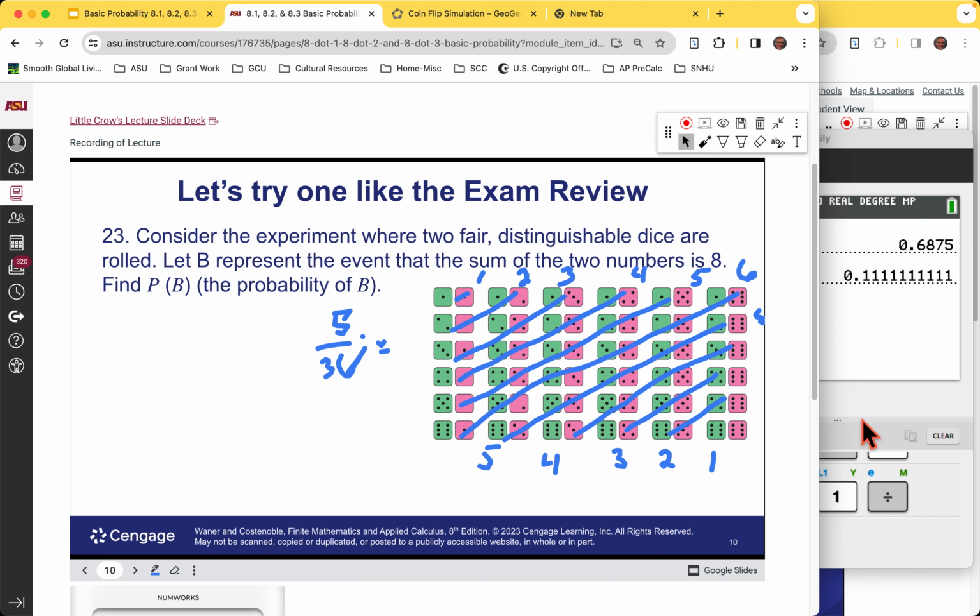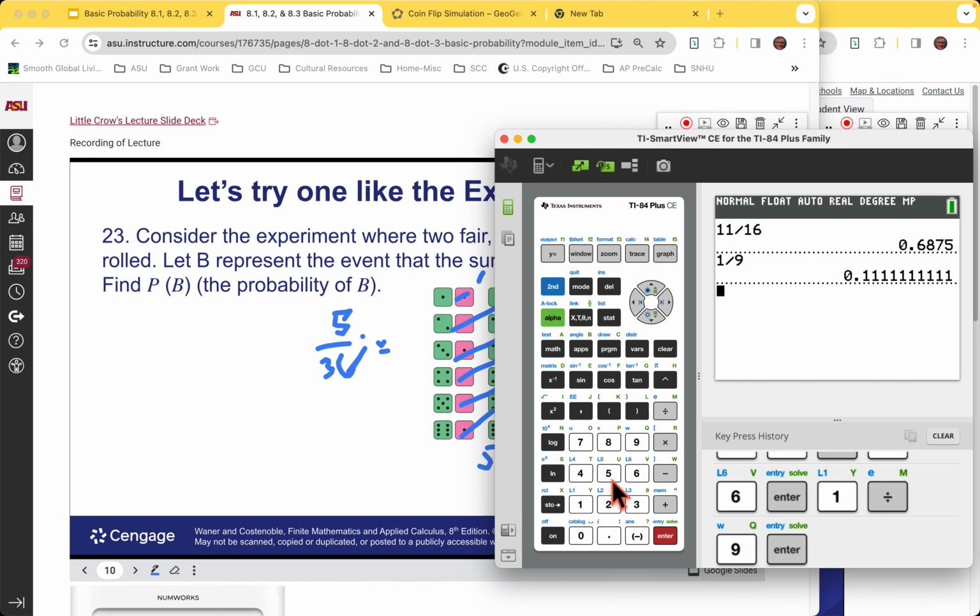And again, we could turn that into a percentage. So about 13.8%. And also, if they ask for a reduced fraction, we can see if it's going to be a reduced fraction. We take 5 divided by 36, not 13.